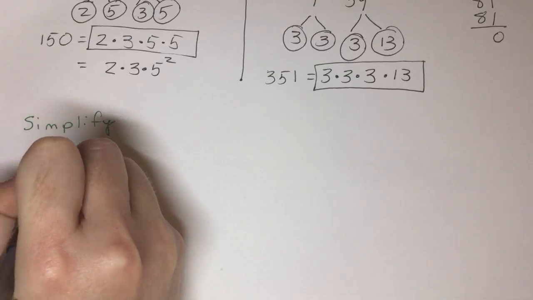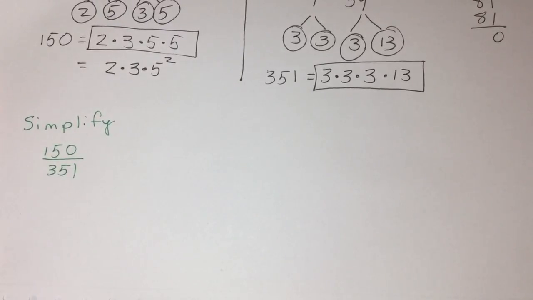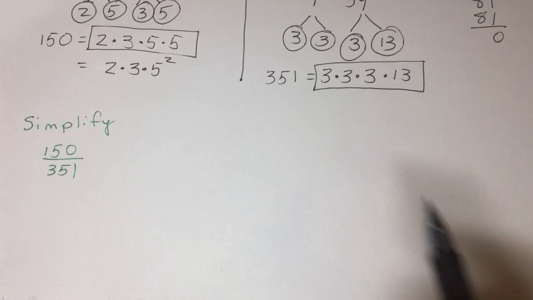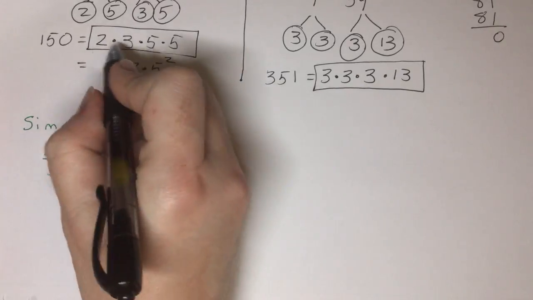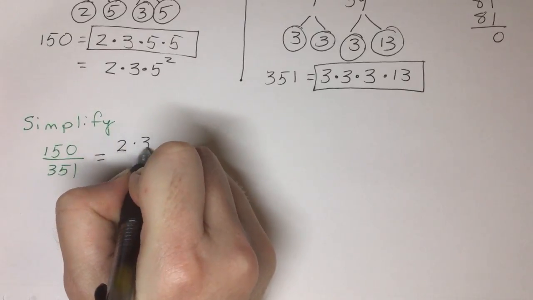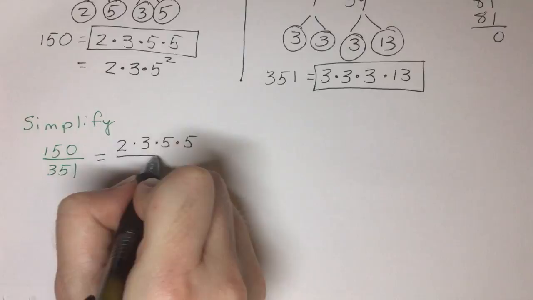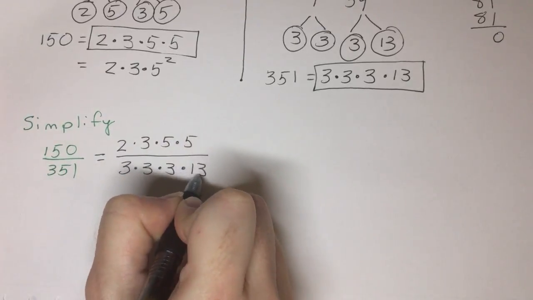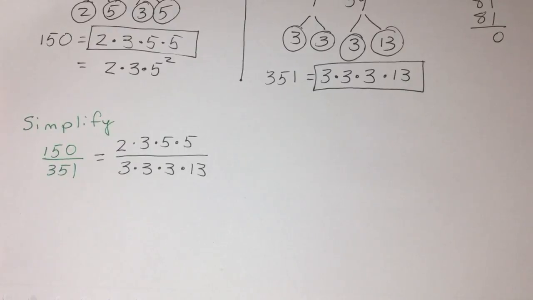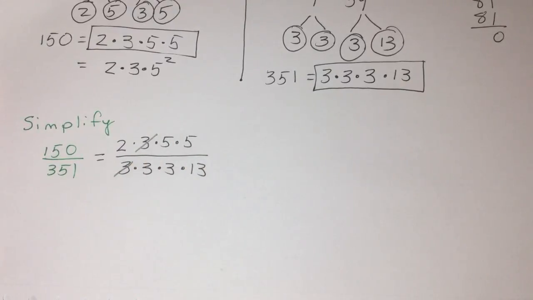If I have 150 over 351 and I'm trying to reduce this, well, I can use the prime factorizations, which I've just found. 150 is 2 times 3 times 5 times 5. 351 is 3 times 3 times 3 times 13. I can see that a 3 is a common factor, and that's the only common factor.